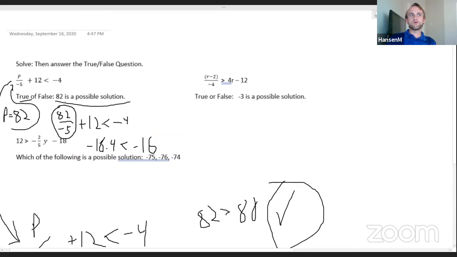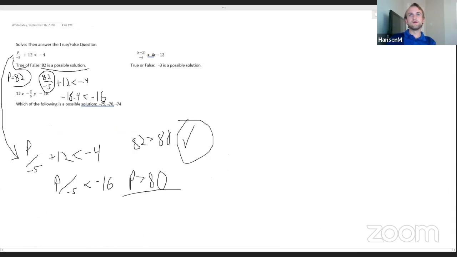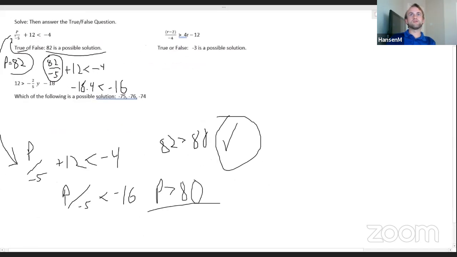If you have true or false questions like this, you can do it either way. I think it's probably a little bit easier to just look at the possible solution that they give you and plug it into the inequality and see if it makes sense. You can also solve the inequality and figure out what range of variables works and then compare your value to the one presented in the true or false question.